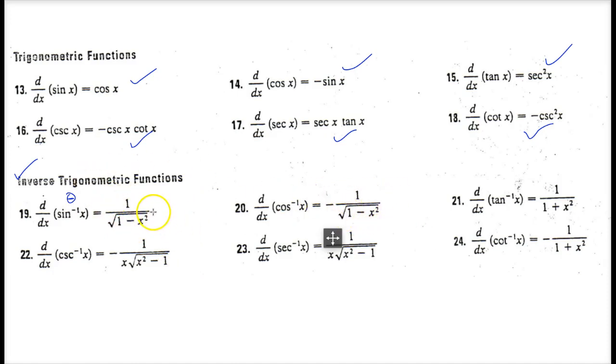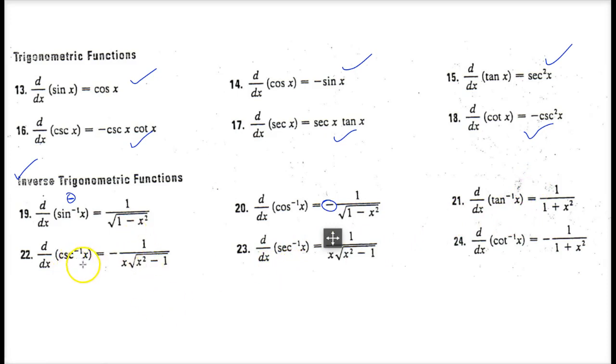But we'll see here, the derivative of sine inverse of x is just 1 divided by square root of 1 minus x squared. Derivative of cosine inverse is the same thing as sine, but you see that it is negative. So negative 1 divided by square root of 1 minus x squared. For tangent inverse, it's just 1 divided by 1 plus x squared.